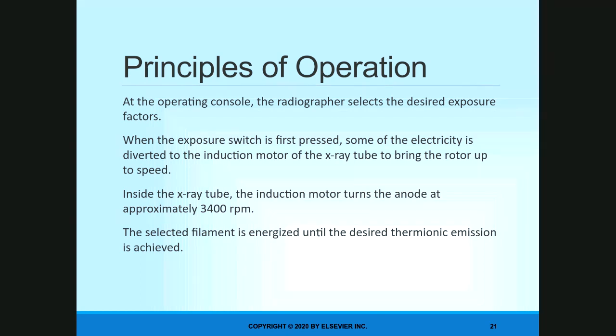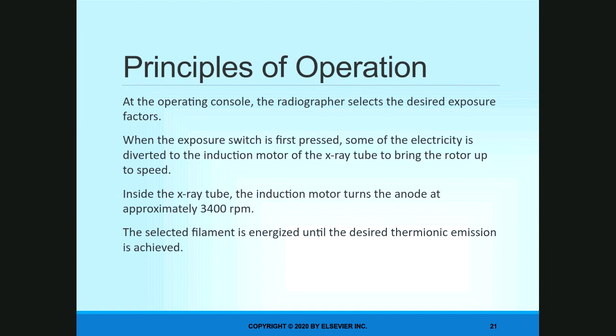So it starts to spin the anode up to speed, and at the same time, on the other side of the tube, on the negative side, the filament that you selected, whether it was large or small, starts to be energized until the specific degree of thermionic emission is achieved. Now, thermionic emission is the process of releasing electrons from a heated filament.